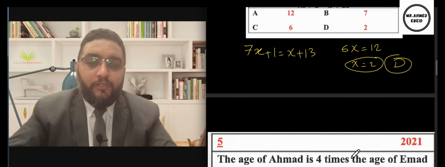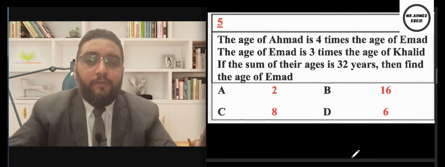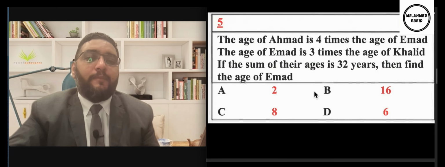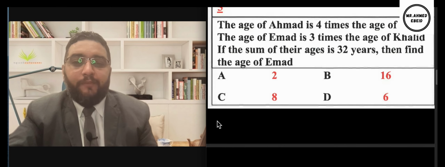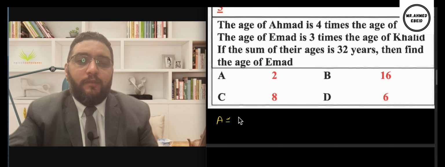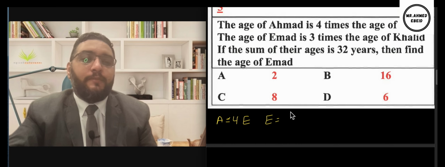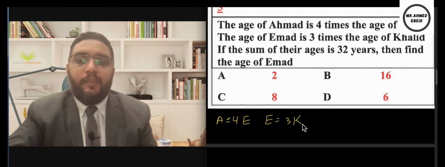Next question, question 5. The age of Ahmed is 4 times the age of Ali. So we have A equals 4E. And the age of Ali, E, equals 3 times the age of Khalid, so it will be 3k.